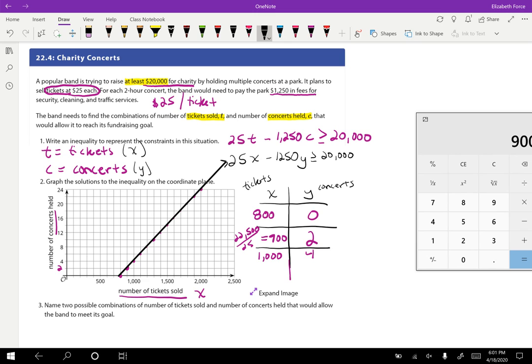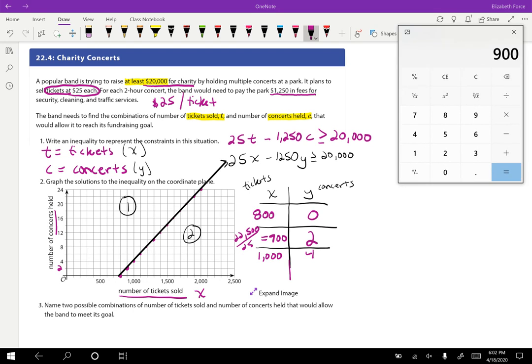We'll start here and we'll go on. So we've got our couple points down. We got our line formed. We know it's a solid line. And we're going to call this region 1 and region 2. So do I want the combinations in region 1 or do I want the points in region 2? Let's go ahead and test a point. Or actually, why don't we just use some logic?